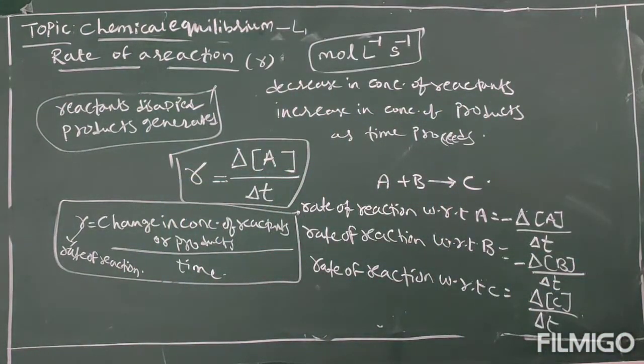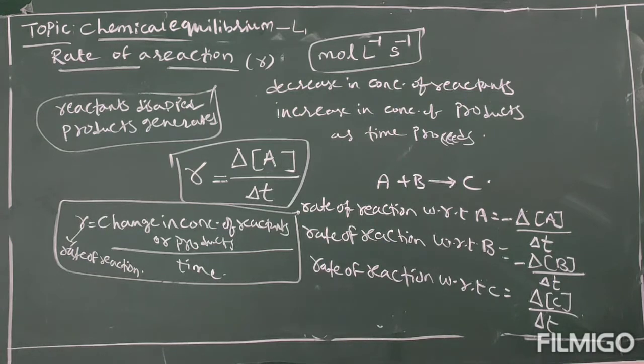How to write the rate of reaction and everything you can see in the next video. If you have any doubts, you can call me or send me a message on the WhatsApp group.